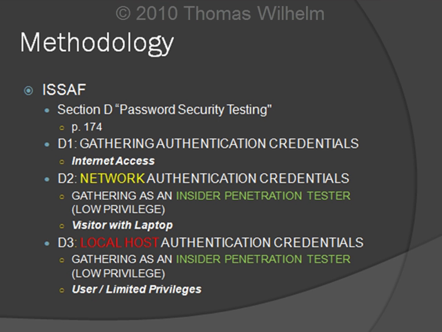Regarding the methodology, since we're using the ISSAF for this class, there is a specific section that I want to talk about, and that's section D. And it goes through quite a variety of different scenarios and ways to apply yourself to gain information, and I would strongly encourage students to view this.